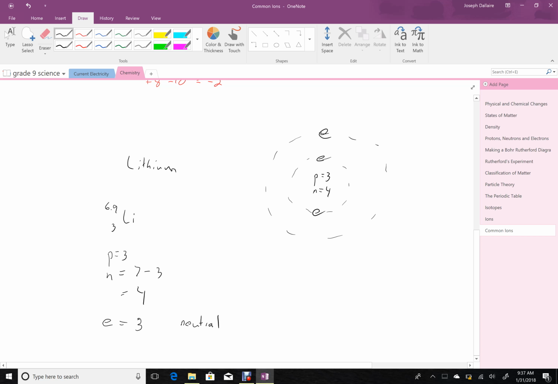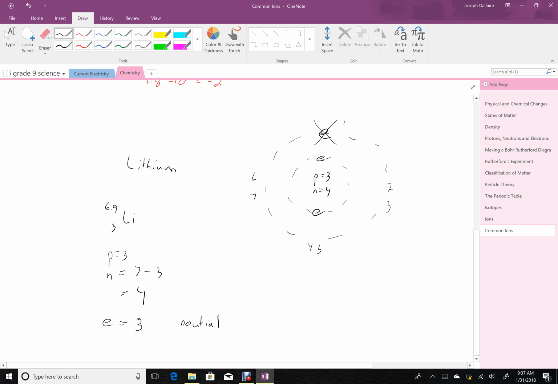Now, for this atom to get a full outermost shell, he would have to add 1, 2, 3, 4, 5, 6, 7 different electrons. That's a lot of electrons for him to take from other atoms. Alternatively, if he wanted to go empty and then the inner shell would become full, what he could do is he could just kick out one of his electrons.